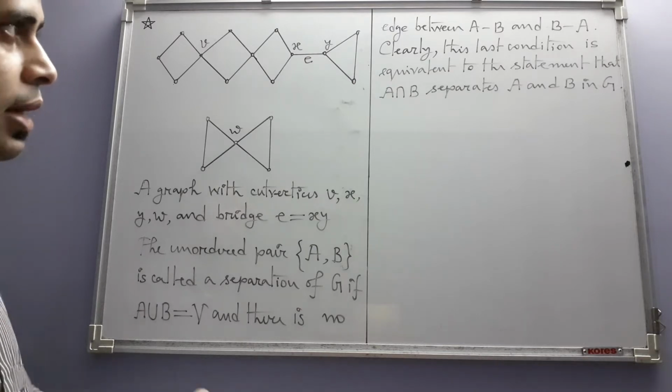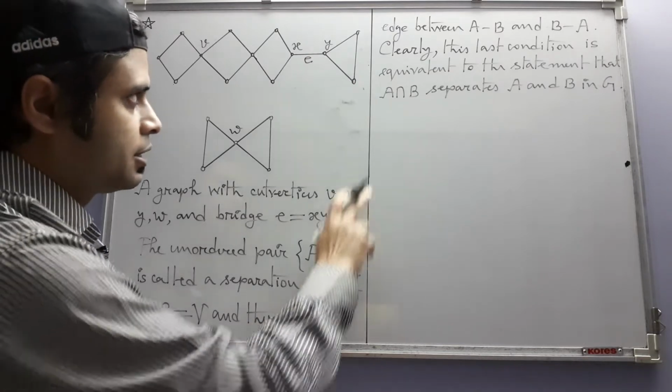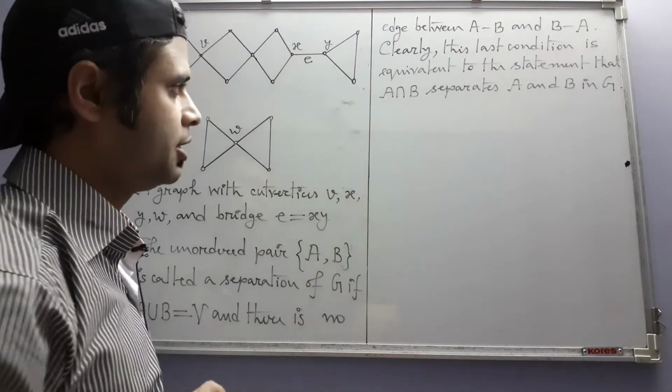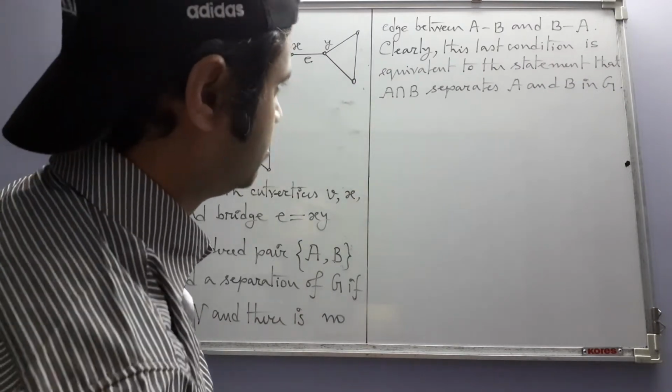Let us see. The last condition means the condition which says that there is no edge between A minus B and B minus A.